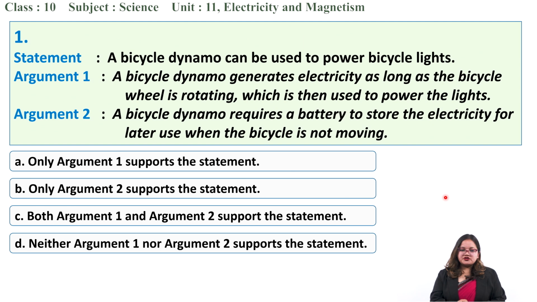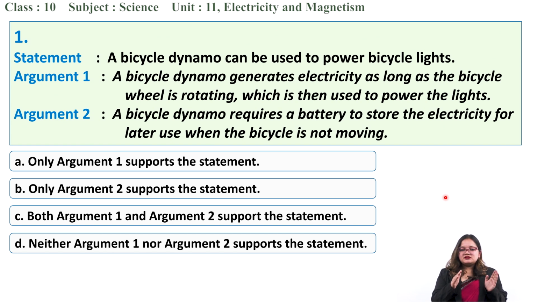Now let's look at argument 2. A bicycle dynamo requires a battery to store the electricity for later use when the bicycle is not moving. Let me recall what I said earlier. I asked you to imagine generating electricity without using any source of voltage, right? Since we are talking about a battery here, this statement seems to be contradicting.